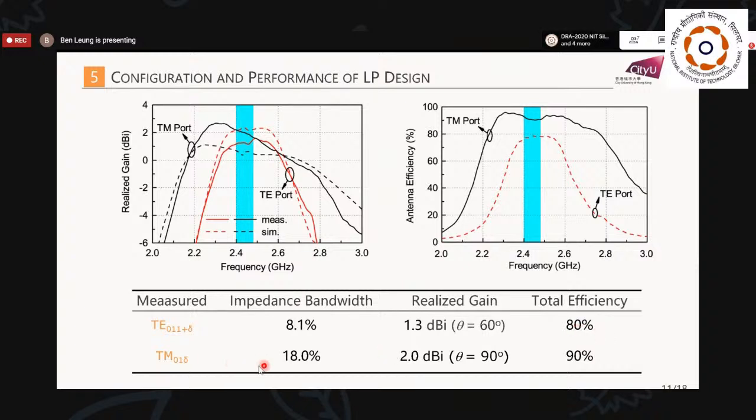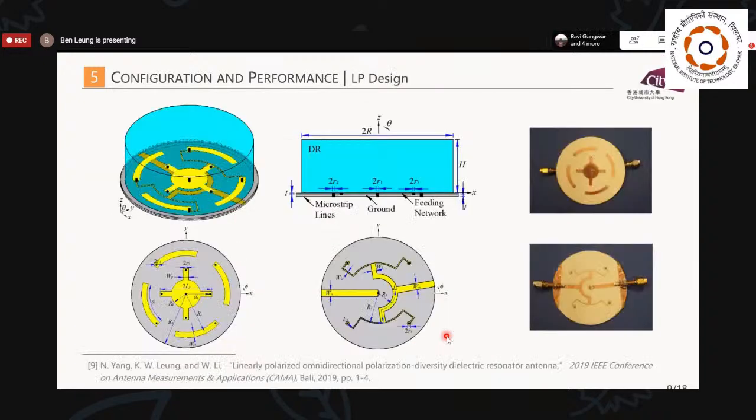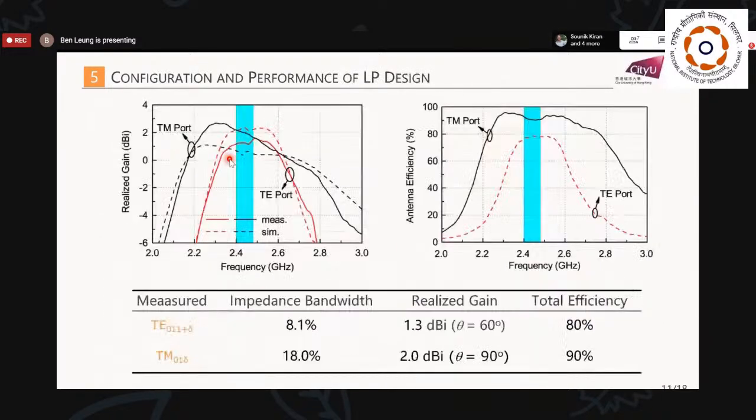So it's TM mode. The gain is 2 dBi, which is better than the TE mode. For TE mode, in fact, the structure is more complicated, as you can see from the alpha lobe. And therefore, it is not surprising that its loss will be higher, and therefore the gain is lower. And it can be reflected from this efficiency, it is lower because of the more complicated structure.